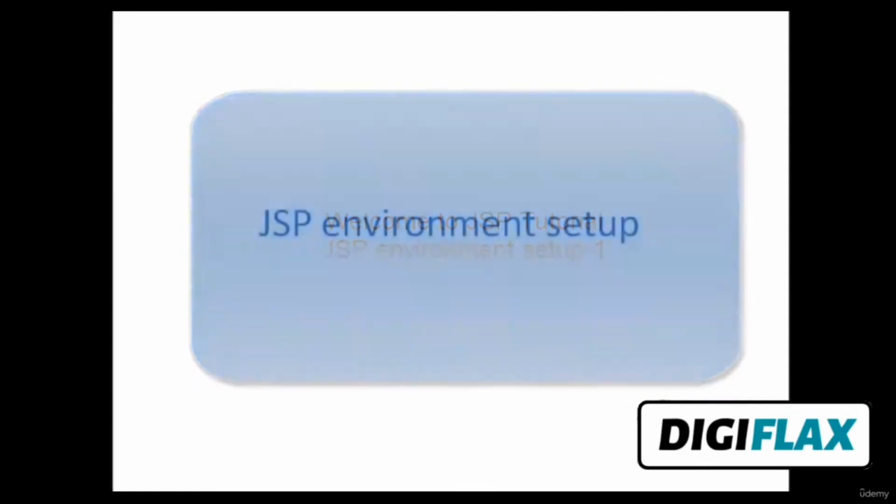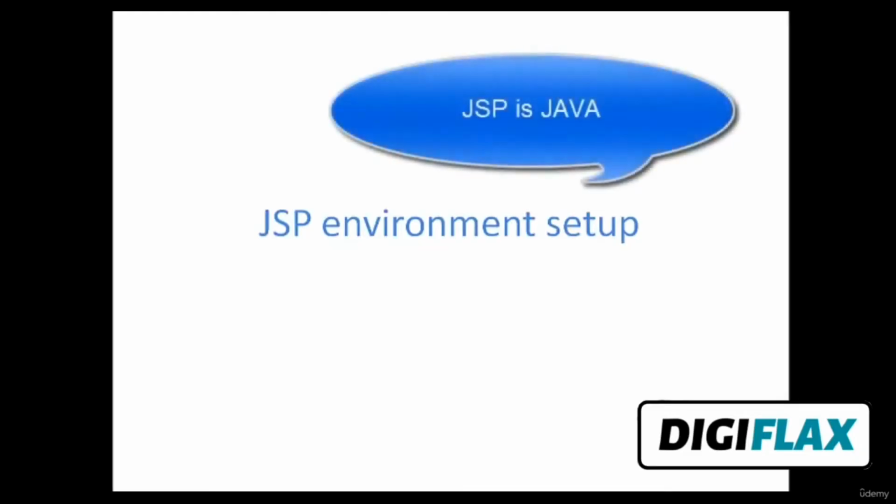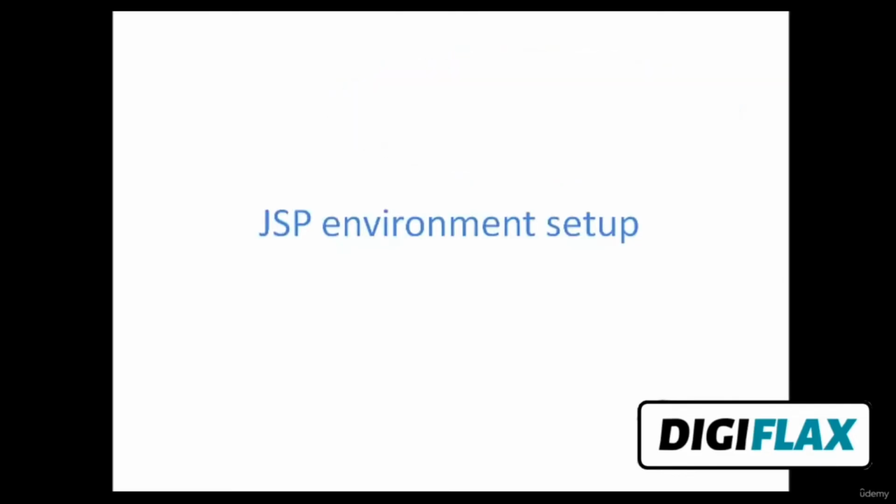Hello friends, in this video tutorial we are going to learn how the JSP environment is set up. As we know that JSP uses Java, we need to tell the operating system where Java is installed.